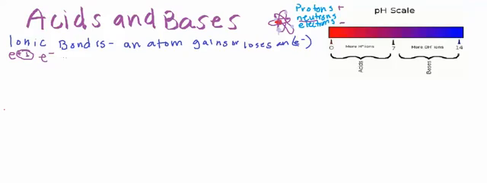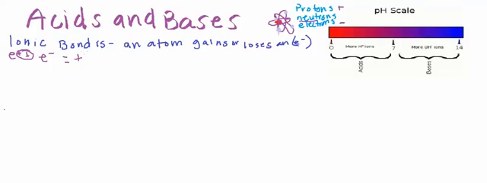You're going to get a positive. So when you're losing an electron, your ion is going to be positive. When you're adding an electron, it's going to be negative.